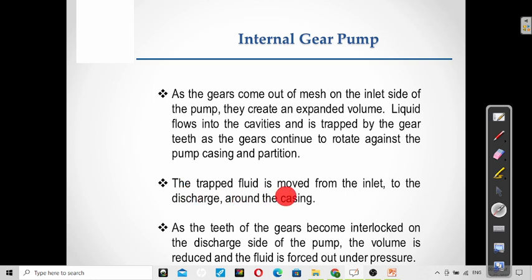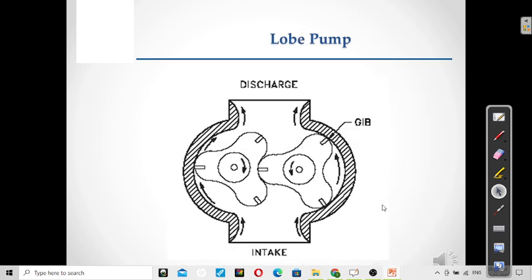The trapped fluid is moved from the inlet to the discharge around the casing. As the teeth become interlocked on the discharge side of the pump, the volume is reduced and the fluid is forced out under pressure. These are all the things about the internal and external gear pump.